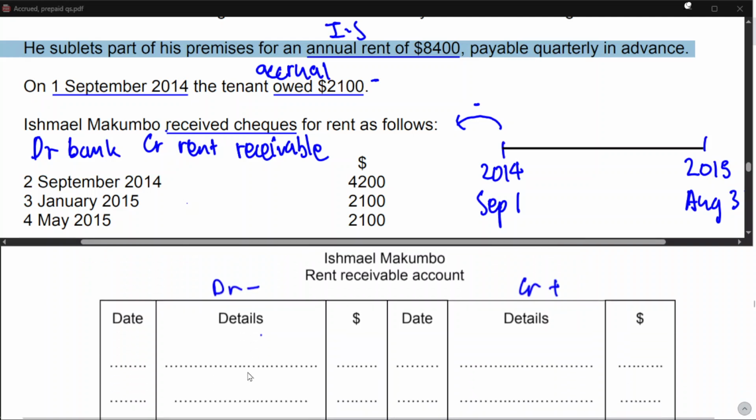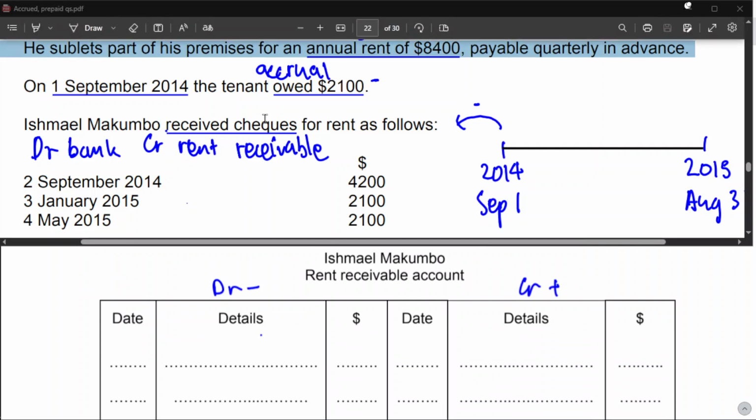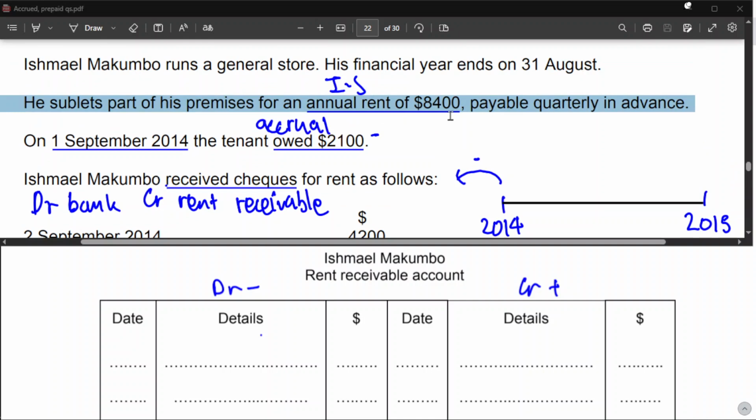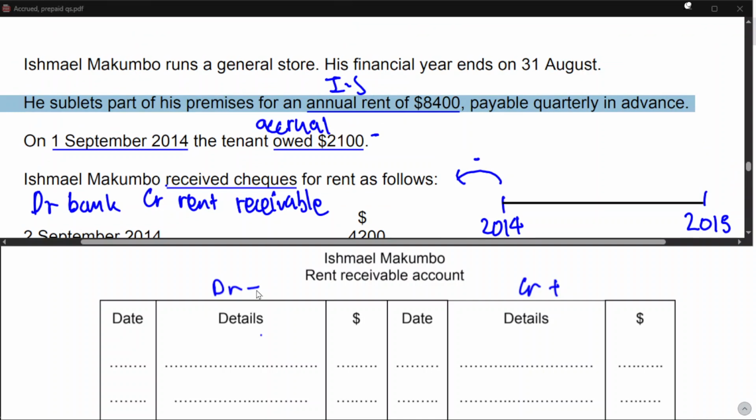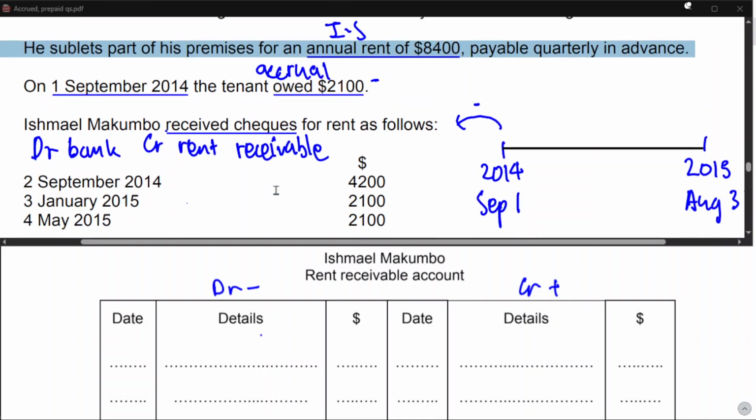The first line is the annual rent, so the income statement is on the negative side, 8,400.